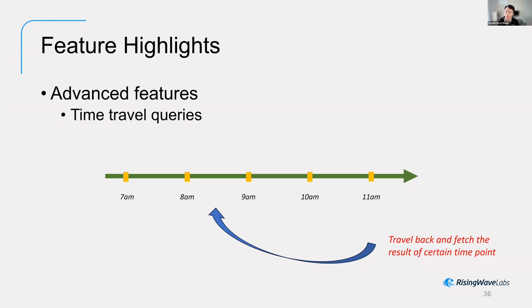So what we can do is help you go back to the nearest snapshot and replay only partially, so that you can quickly fetch the results for a random data point. That's what we can do in the RisingWave Premium Edition, and you can also leverage this feature in RisingWave Cloud.